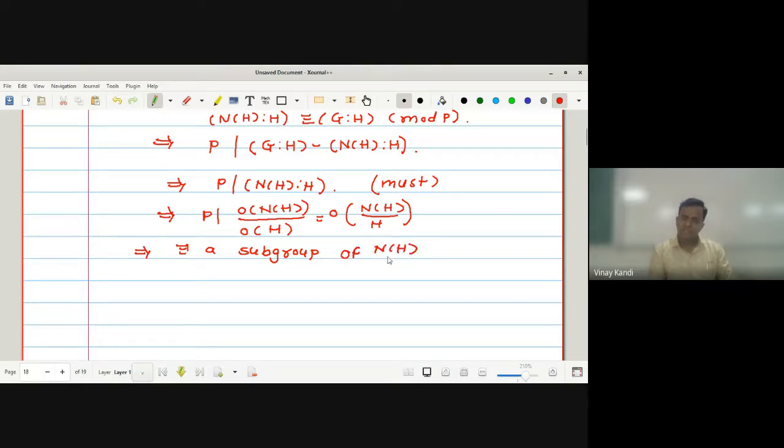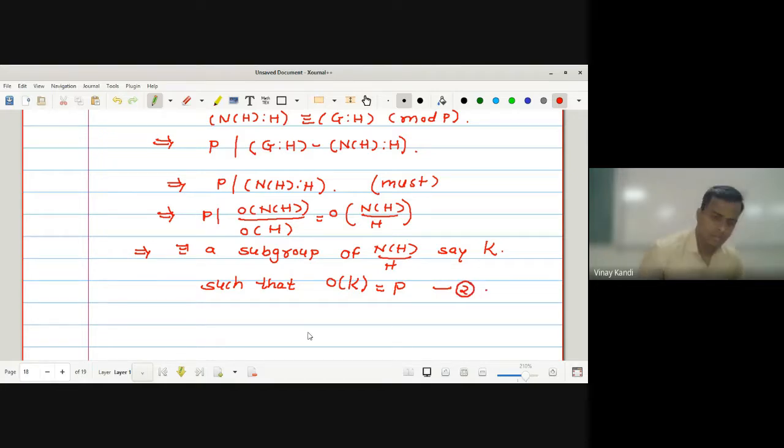NH upon H, say K. ओके, समजा K तुमचा सबग्रुप आहे. कोणाचा? याचा. Such that order of that capital K is equal to P. Give it as equation number 2. Okay, any doubt? No, sir.